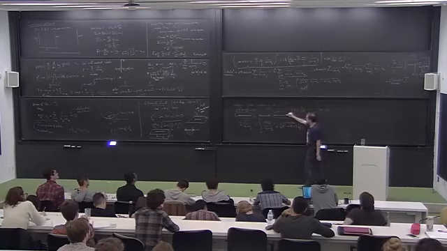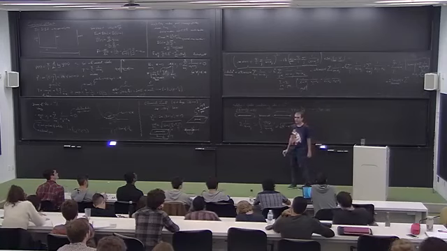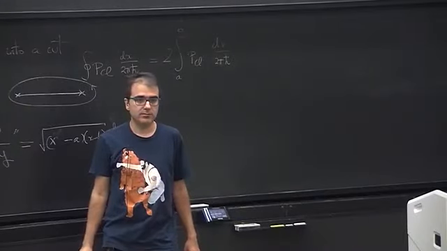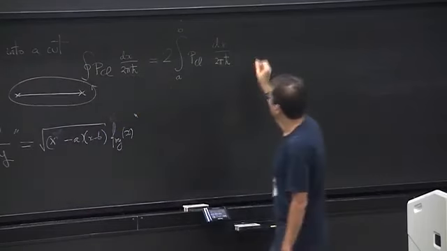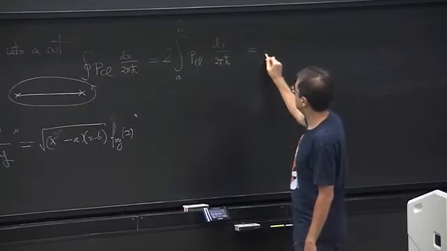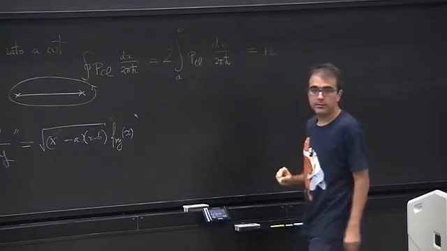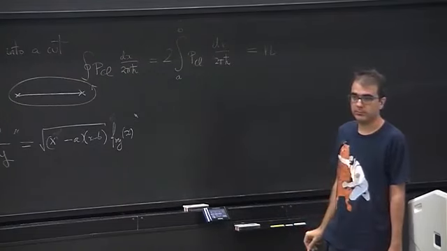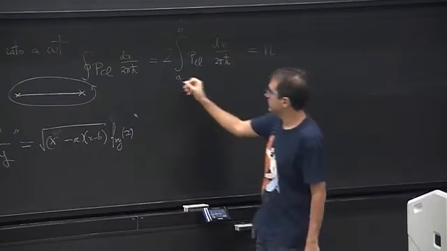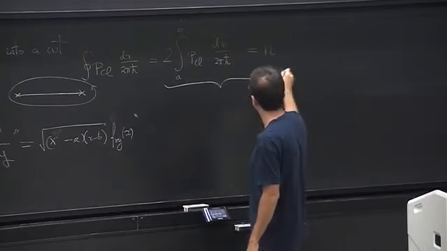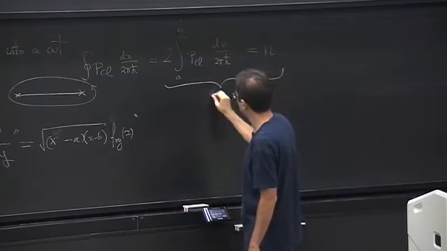Why? Because above the cut and below the cut, the difference is just a minus sign: you have square root and minus square root. So going above or below is the same thing. It should be equal to n. And this is the WKB approximation. This is Bohr-Sommerfeld quantization.